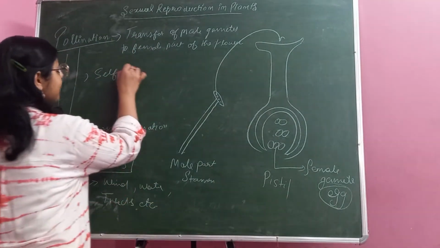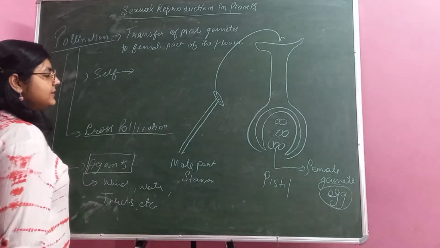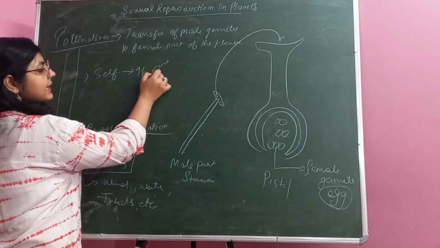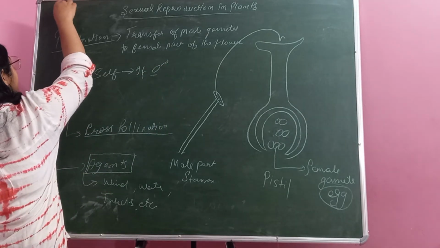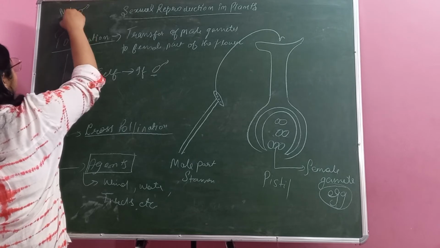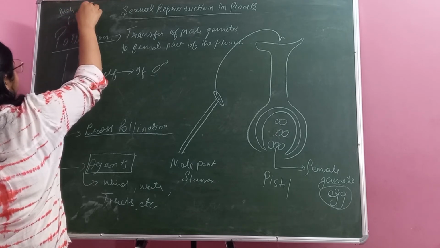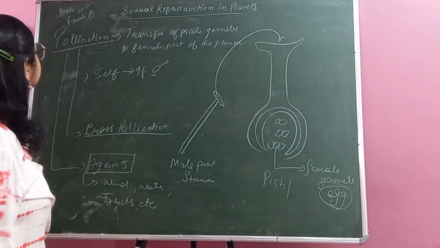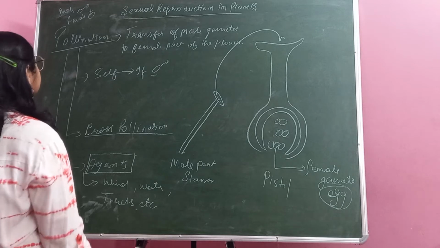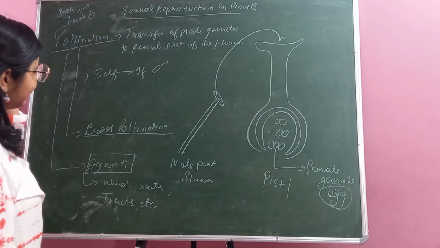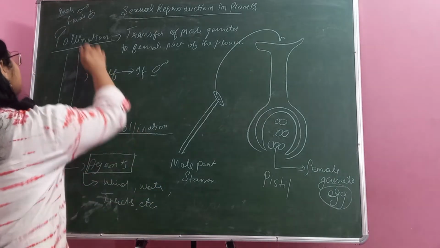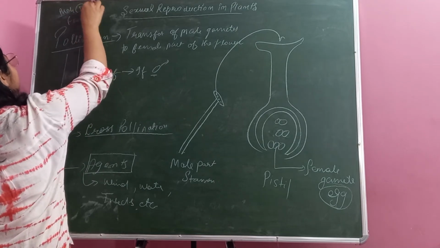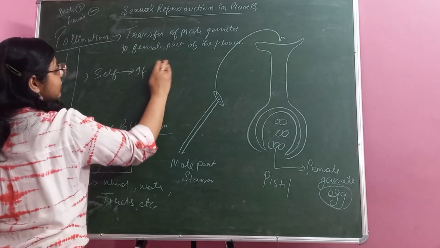Now what is this self pollination and what is this cross pollination? See, I am making male like this, okay, right here, male, female, ऐसा ही कुछ सिंबल होता है. या आप एक काम कीजिए, आपको इससे भी इजी सिंबल में बता देती हूँ, छोड़ो, this is male and this is female, खत्म.